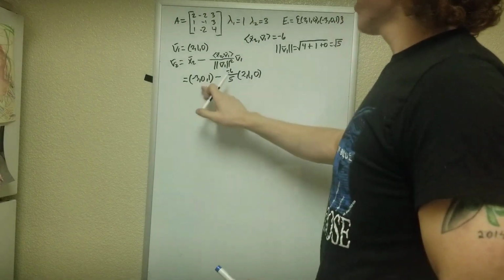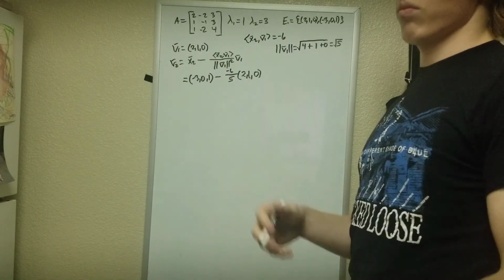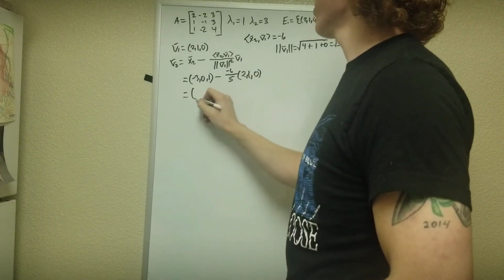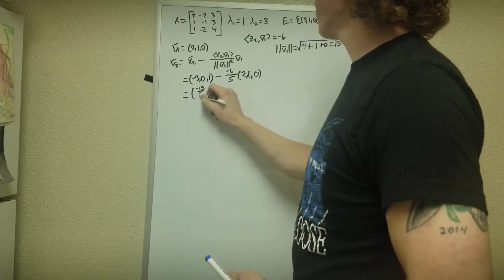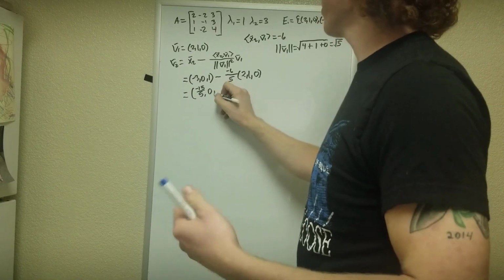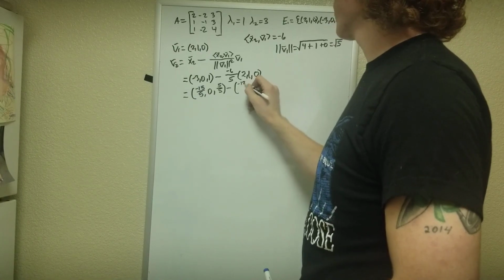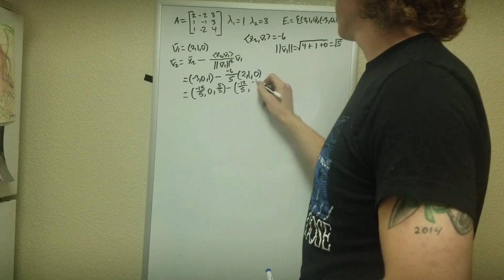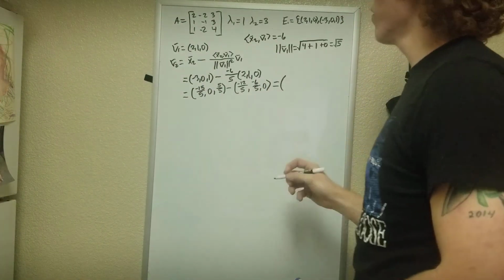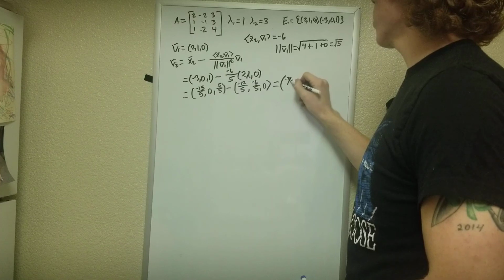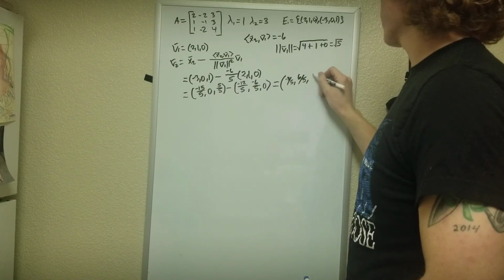And if we distribute this and turn this vector into 3 values with a denominator of 5, just for simplification, we end up with negative 15 over 5, 0, and then 5 over 5 minus negative 12 over 5, negative 6 over 5, 0, which gives us the vector negative 3 over 5, 6 over 5, and 1.